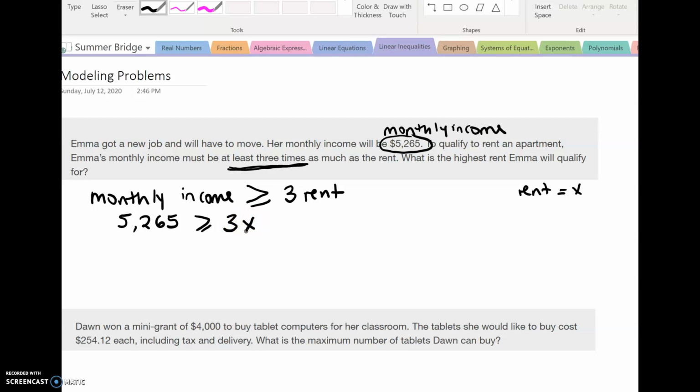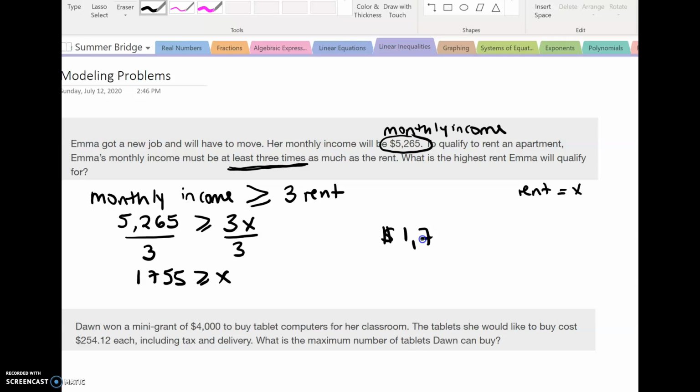And so now we would solve just like we would solve a normal linear inequality. I'm going to divide by 3 on both sides, and you should get that 1,755 is the maximum rent that she can pay.